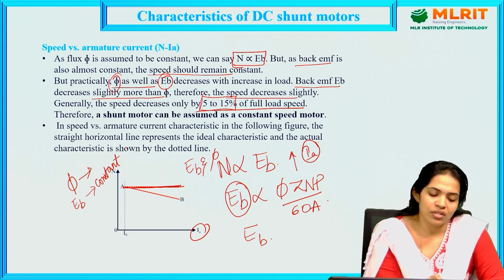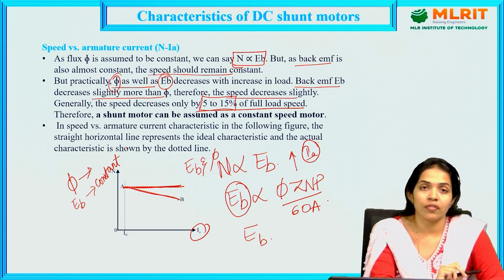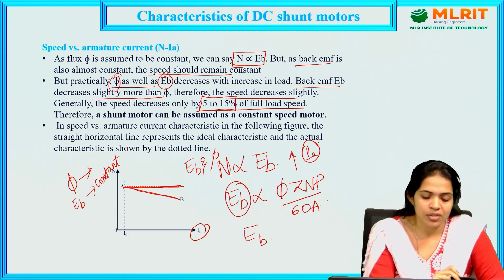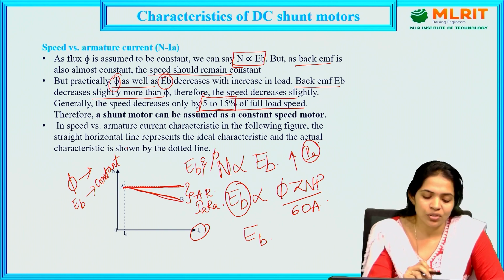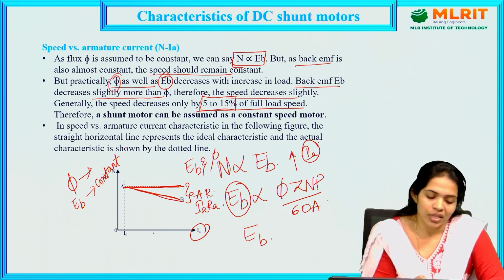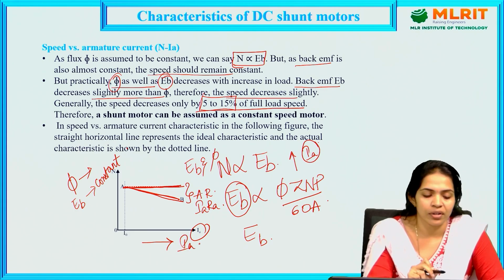This fall in characteristics is due to the armature reaction or the drops across the armature coming into the picture. That's why there will be a slight drop in speed when the armature current increases as the motor is loaded.